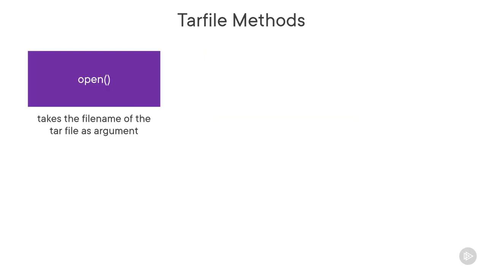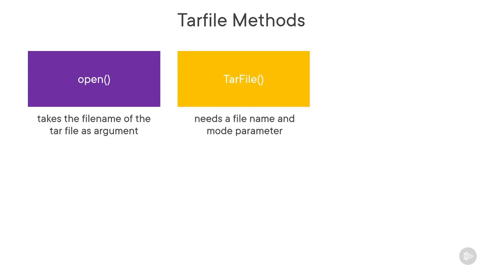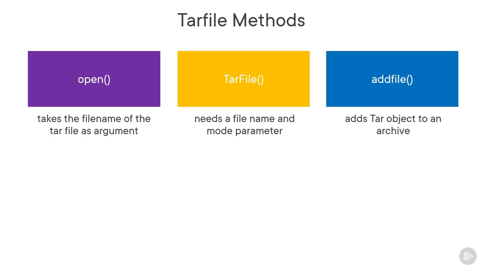Now, tarfile has a number of methods, and let's explore those. The first one is the open method, which takes the tar file's name as an argument and will open the tar file. The second one is TarFile, and this one needs a file name and a mode parameter. Then you have the addfile method, which you can use to add an object to a tar archive.